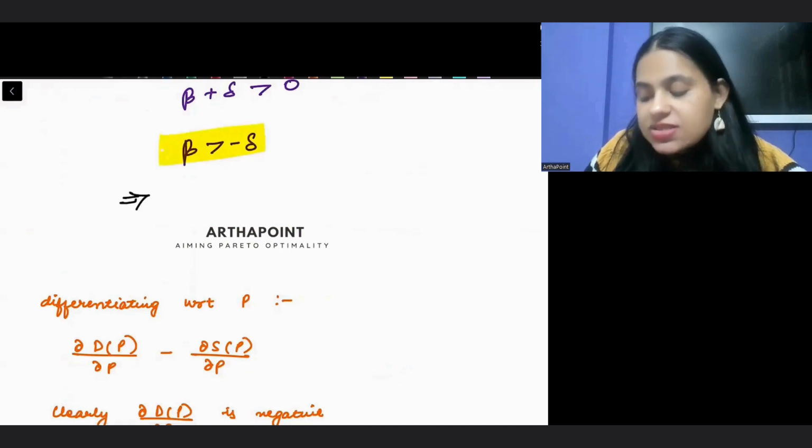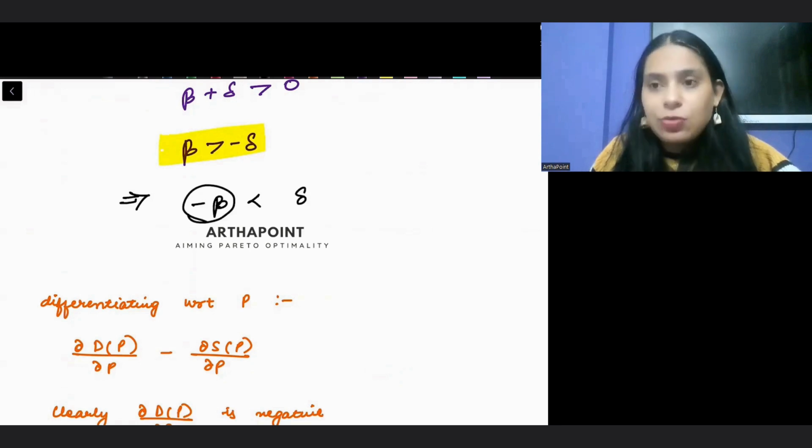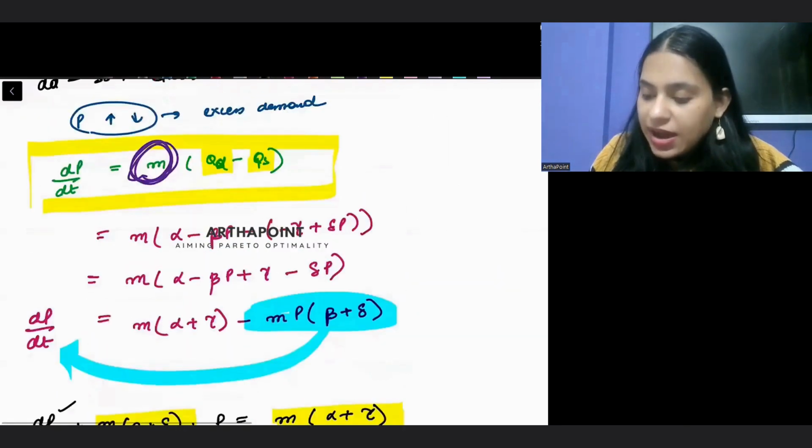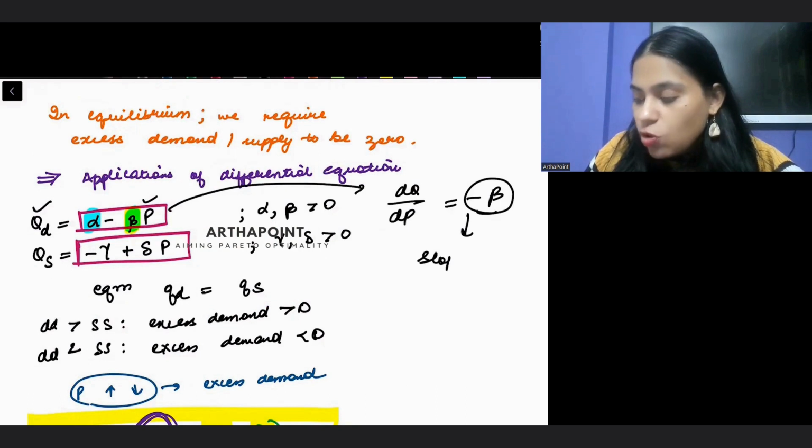I can rewrite this by multiplying by minus 1 on both sides: minus beta will be less than delta. If I find the slope of this curve, dq by dp, I would get minus beta only. So this is nothing but the slope of the demand curve.